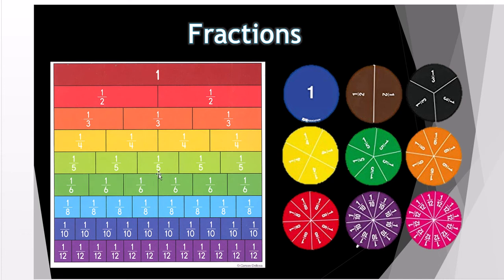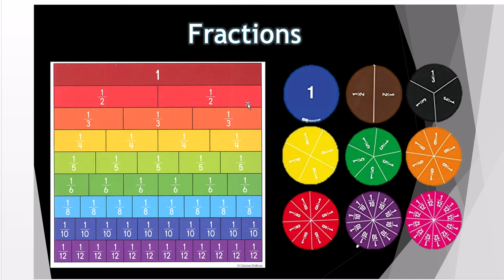So this does not mean that there's 5. If you have 3/5, that does not mean you have 5 wholes. It means that out of the entire thing, it is divided into 5 pieces and only 3 are affected.